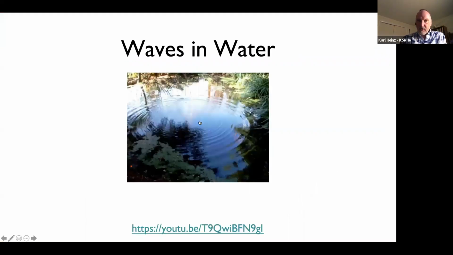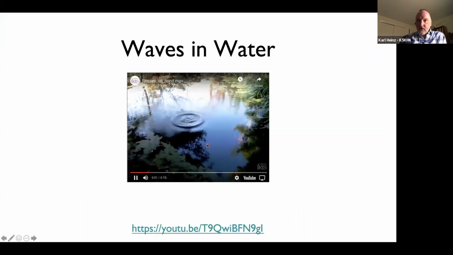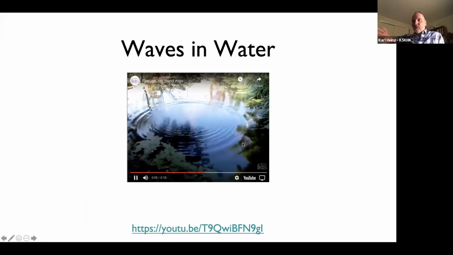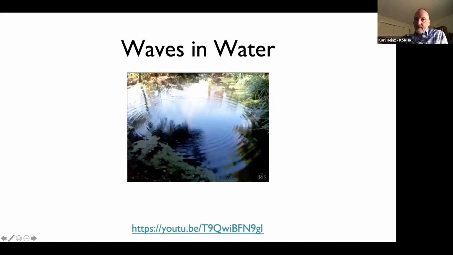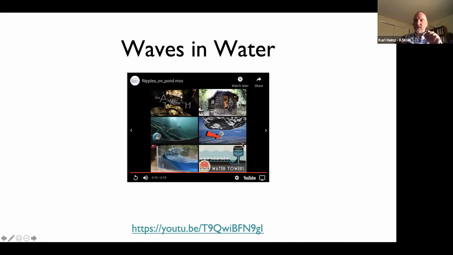When we go back to our little video here, when you look at one of those ripples, how it is moving away from the center, you could potentially take a ruler and measure the distance between one peak and the next peak. And you would have the wavelength of that pond wave.